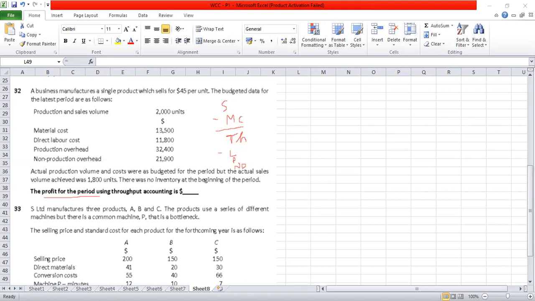Please multiply that. 81,000. Now less material cost.